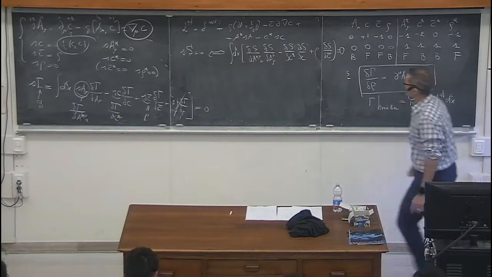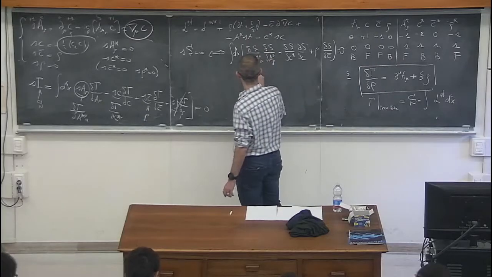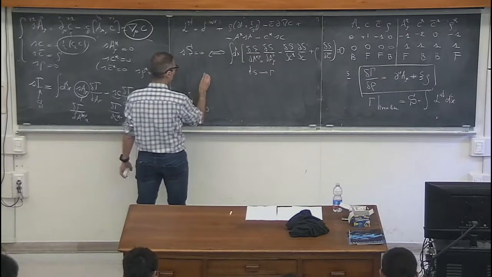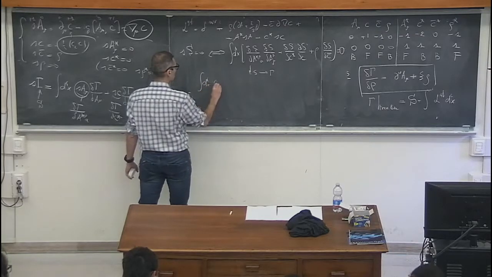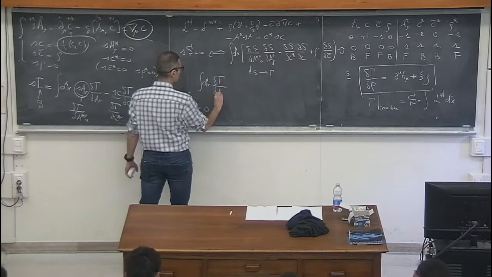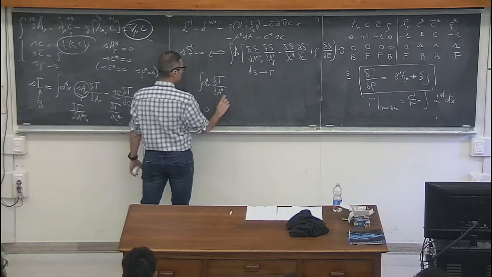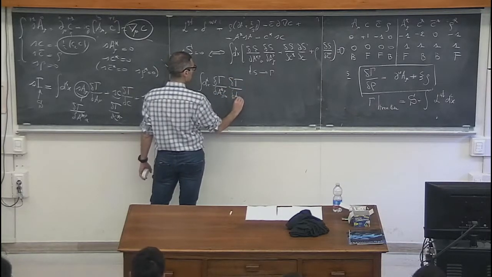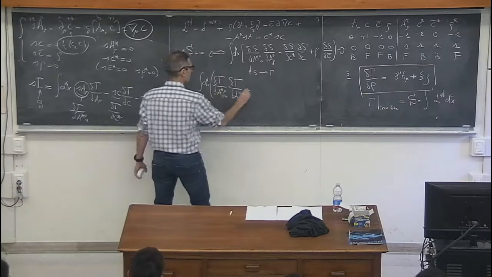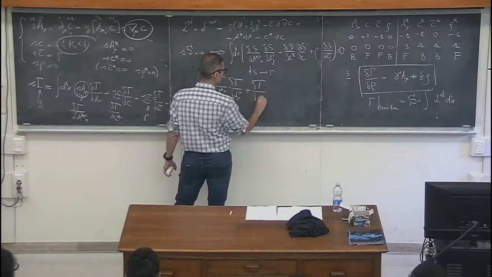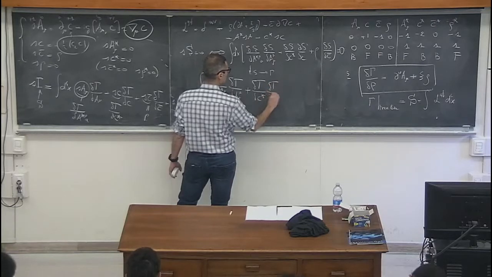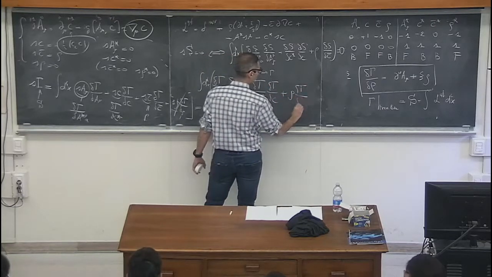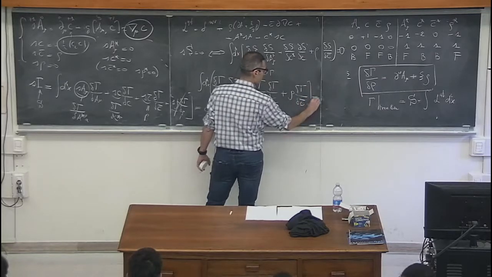And then instead of S, I replace S with gamma, and then I find this equation: the integral d^4x of dγ/dA star mu times dγ/dA mu, plus dγ/dC star times dγ/dC, plus rho times dγ/dC bar is equal to 0.